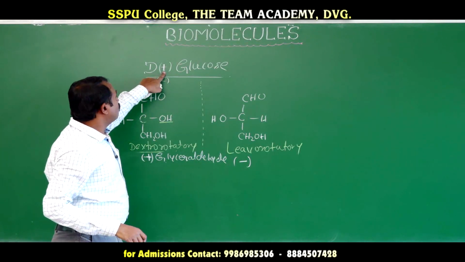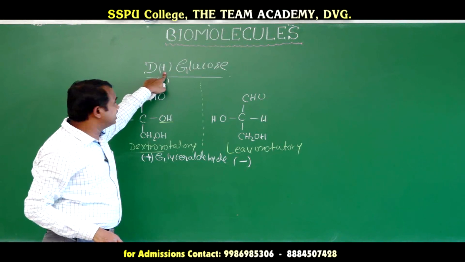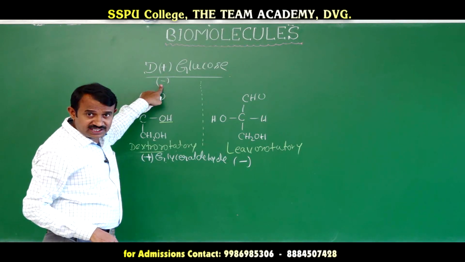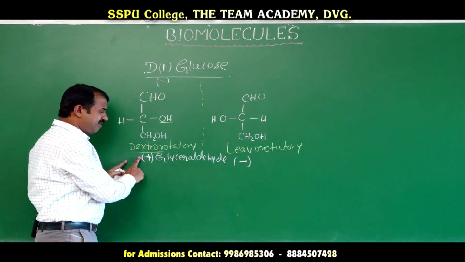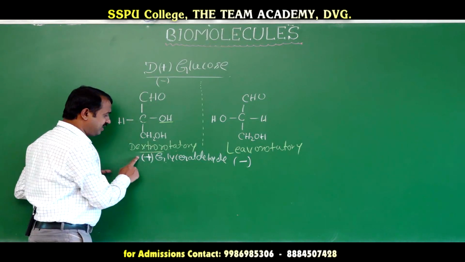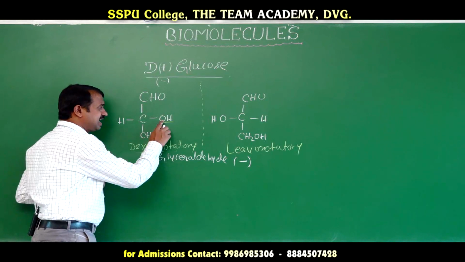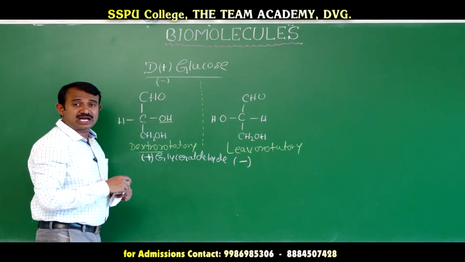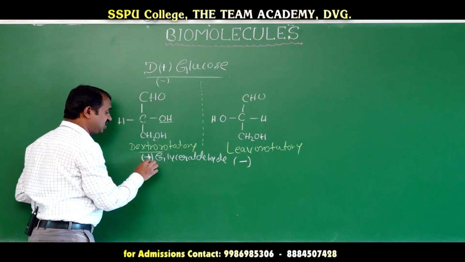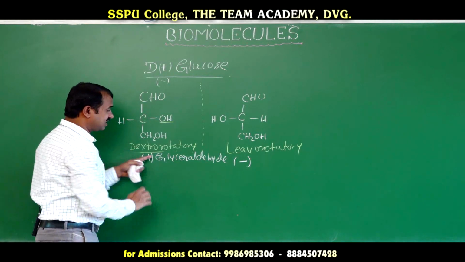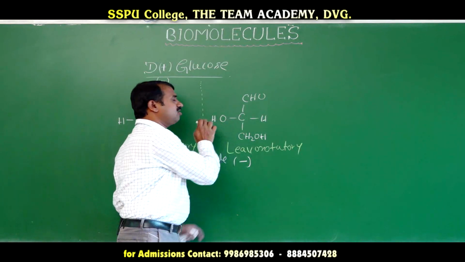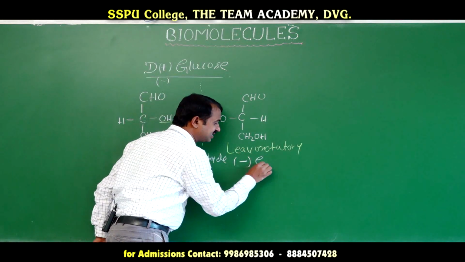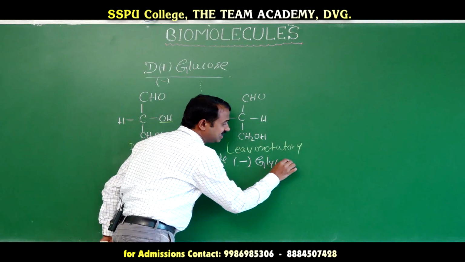If the hydroxy group is on the right side it is positive, and if on the left side it is negative. Here we have taken glyceraldehyde as an example. If the hydroxy group is on the right side, plane polarized light rotates clockwise, and that is called plus glyceraldehyde. If the hydroxy group is on the left side, that is called minus glyceraldehyde.